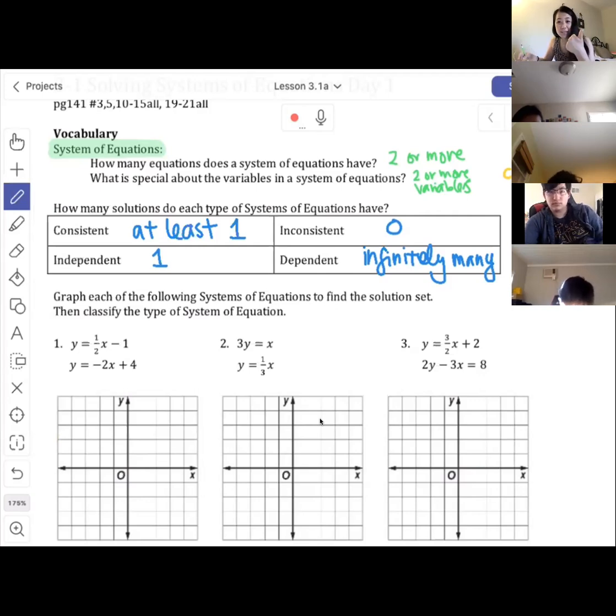If the 2 lines overlap each other and have infinitely many solutions, this would be considered consistent and dependent.